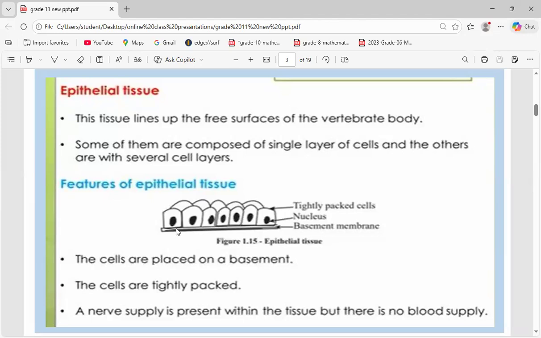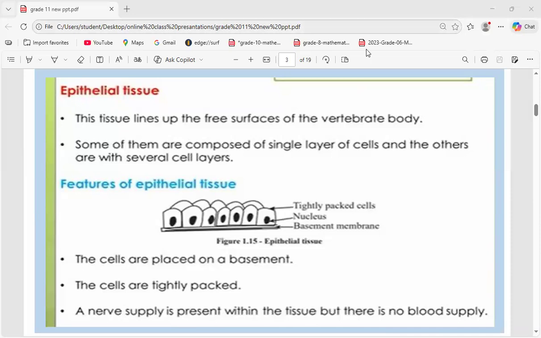Cells normally cannot be alone; they need a basement. The cells are tightly packed, which means there are no gaps. And a nerve supply is present with the tissue, but there is no blood supply.